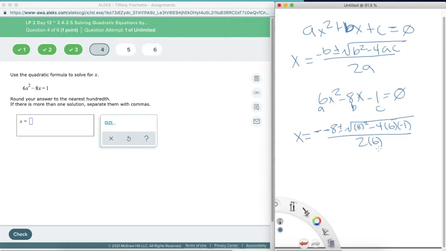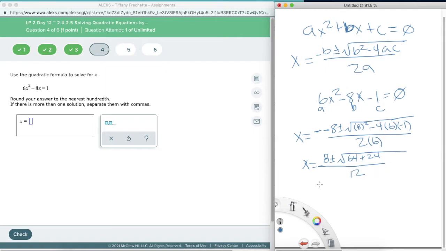I know a whole lot of variables, but I'm filling them in, and now we have to go through and work them out here. So negative negative 8 is actually positive 8, plus or minus 8 squared is 64. Negative 4 times 6 is negative 24 times negative 1 is positive 24, over 2 times 6 is 12.